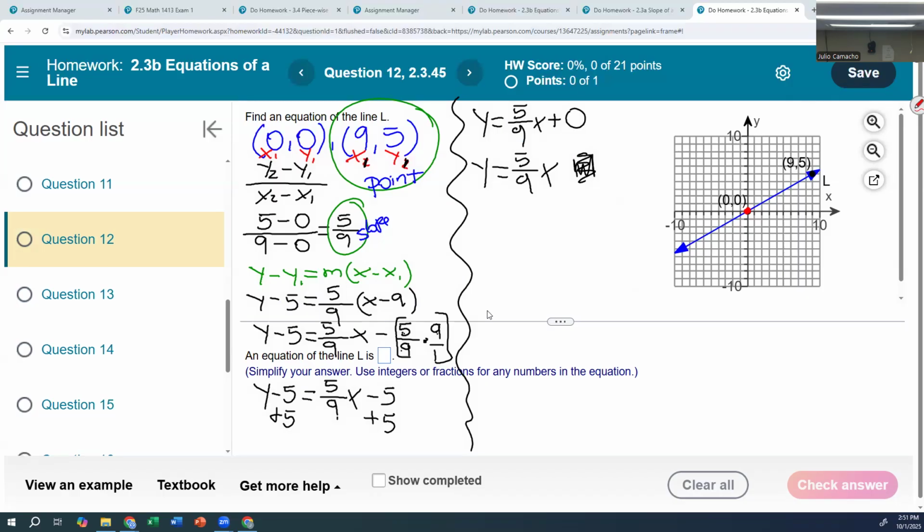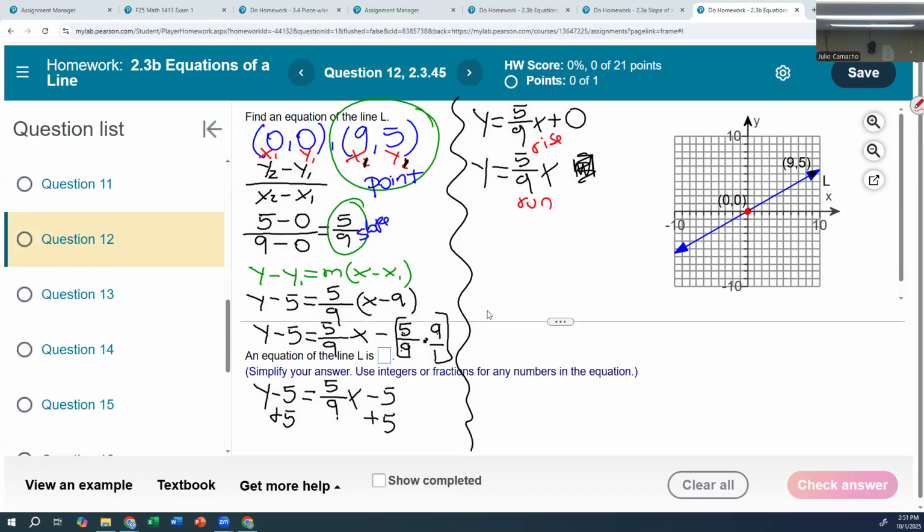Also, the slope is 5 over 9. Let's try to use everything that we know. That is your 0, 0. Let's count. That is your rise, and that is your run. You rise 5, you run 9.